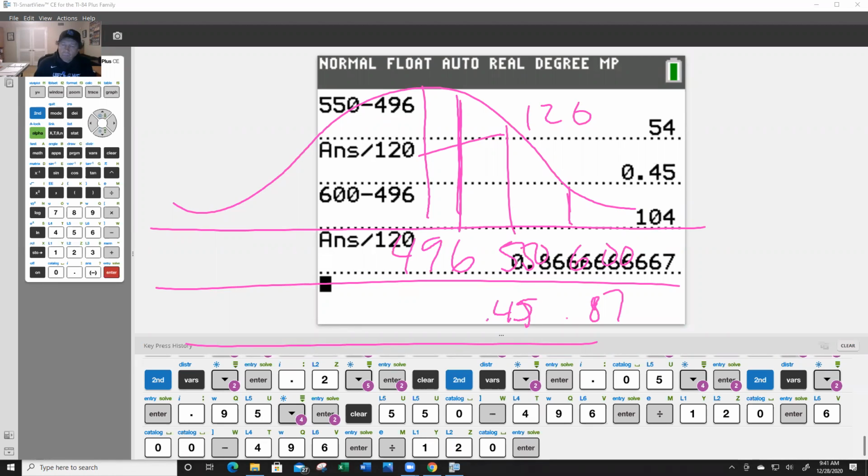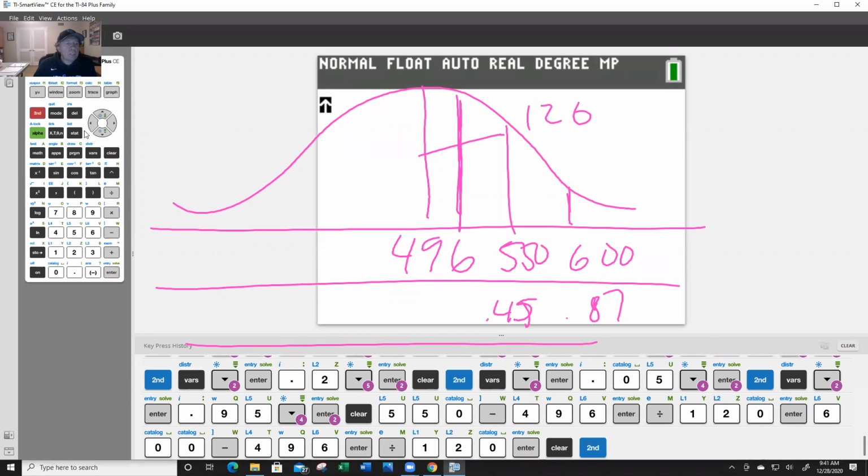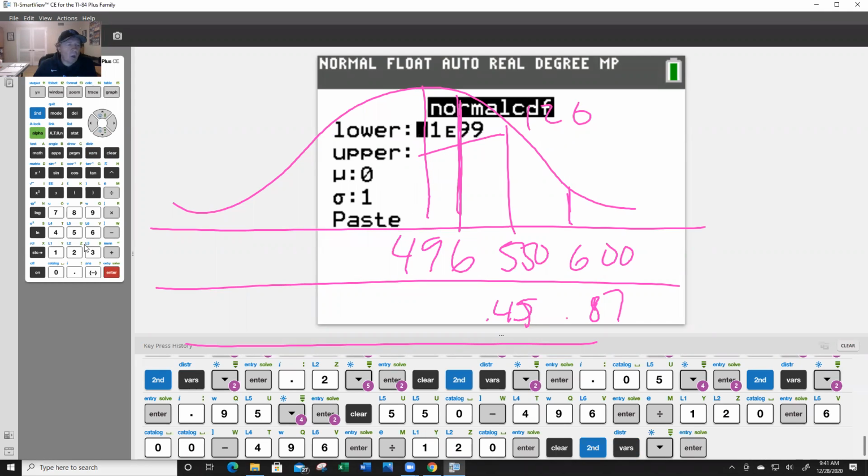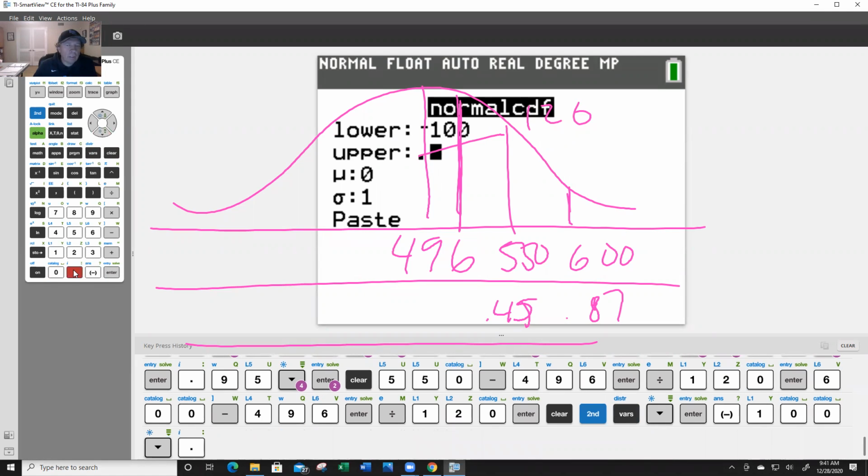Now I'm going to get the percentile rank for both of these. We'll do that all at the same time. Okay, so let me get the percentile rank here. So we're going to go second distribution, normalCDF, and we're going to get the area below. I'll put negative 100 here. I'm going to get the area below 0.45 first, okay?